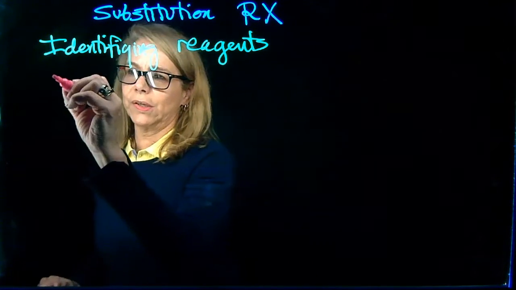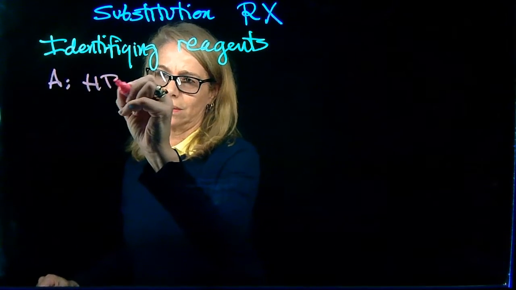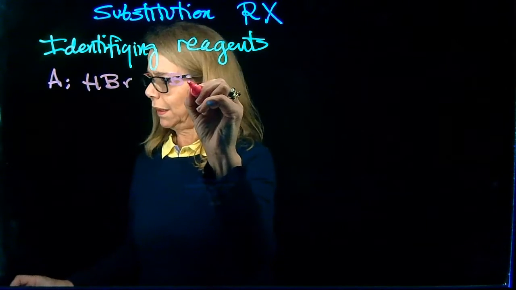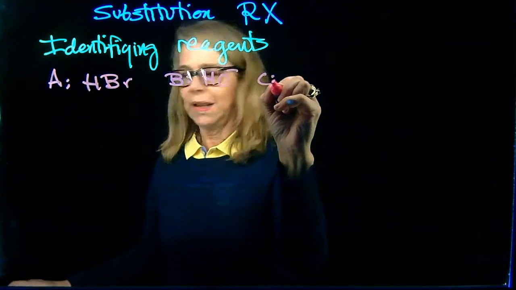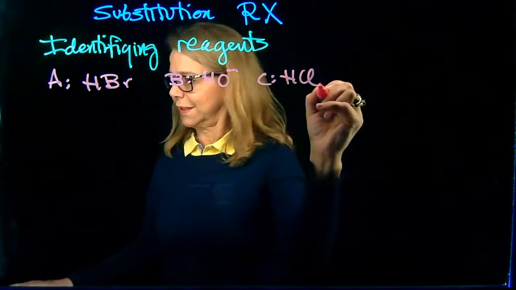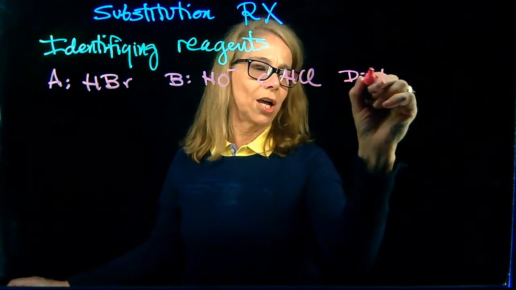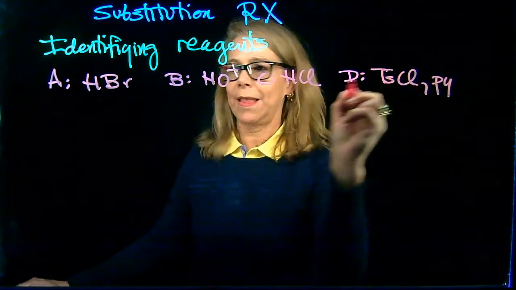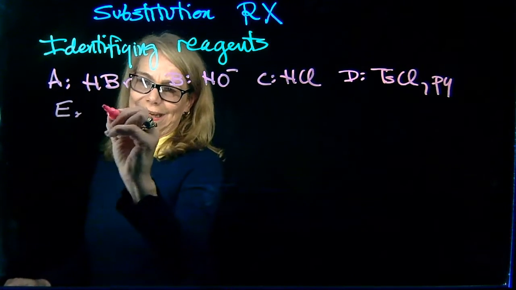So reagent A is HBr, hydrobromic acid. Reagent B is hydroxide. Reagent C is hydrochloric acid. Reagent D is tosyl chloride and pyridine. Reagent E is cyanide.